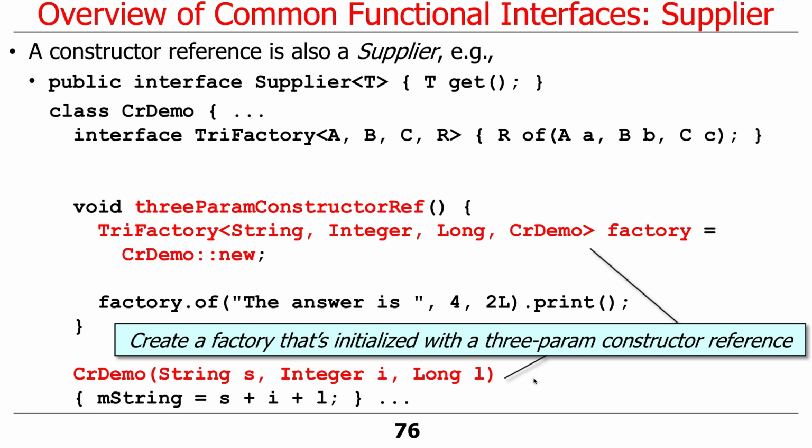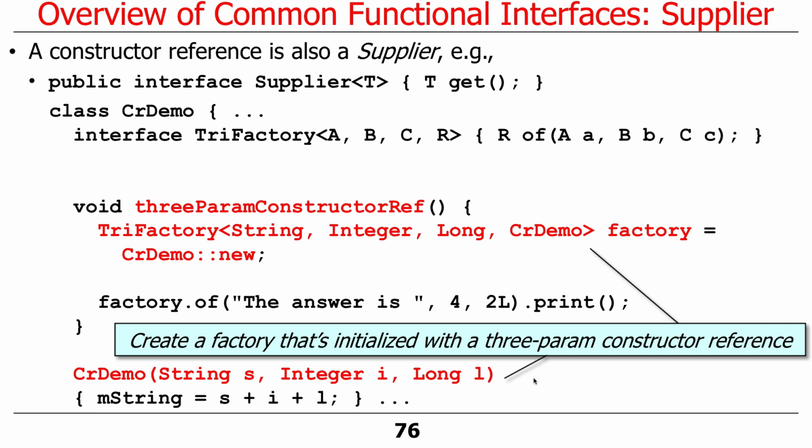And this, as you can see, takes 3 parameters, a string, an integer, and a long. And so what we do is we make ourselves an instance of TriFactory, again called factory for lack of imagination, and we give it a string, which corresponds to this, an integer, which corresponds to this, and a long, which corresponds to that. And then the final and 4th parameter is the name of the class we want to make, which is CRDemo. And so that is now going to be stored here.